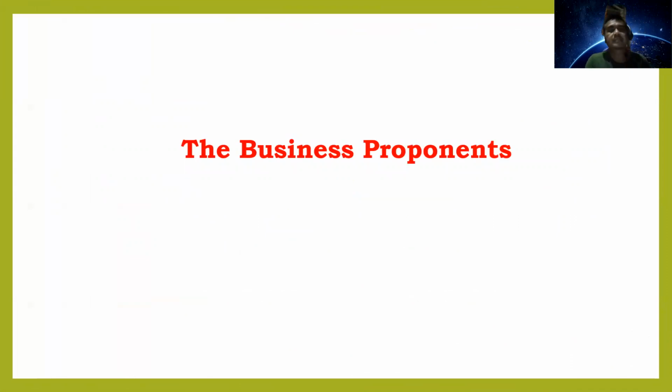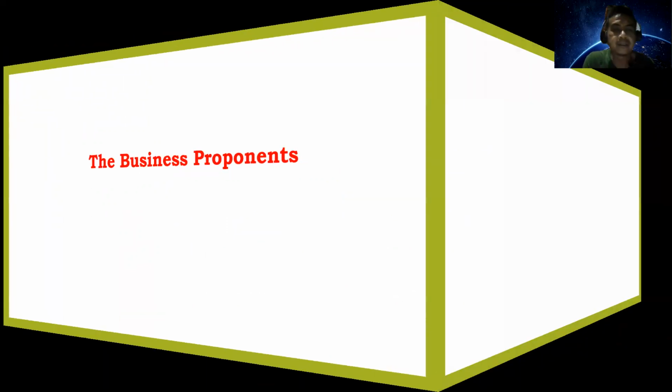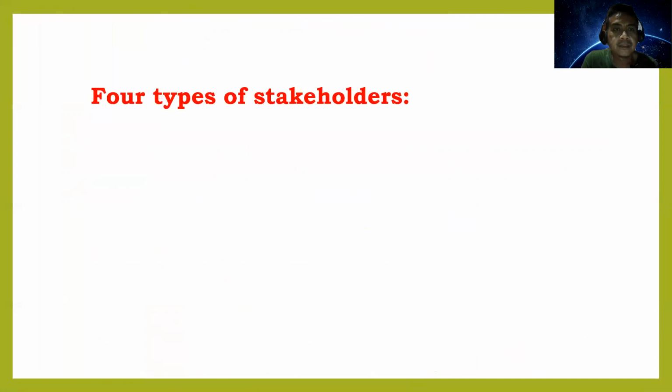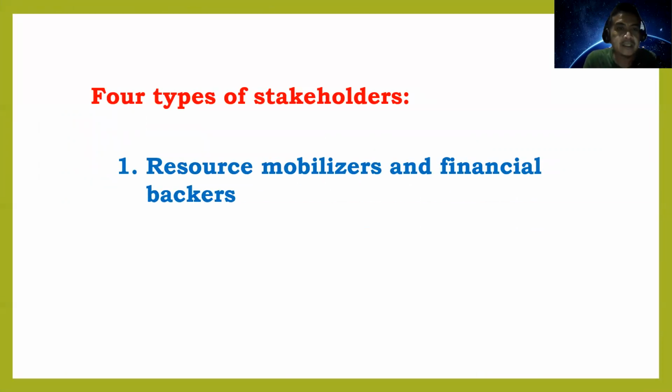The next part is the business proponents. We have four types of stakeholders. Number one, the resource mobilizers and financial backers. These stakeholders want to know who else is on board to share the burden of raising money to see the whole thing through.